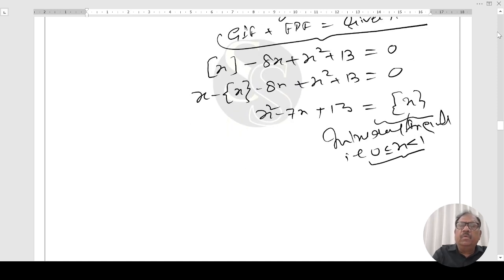So therefore x square minus 7x plus 13 will be greater than or equal to 0 and less than 1.